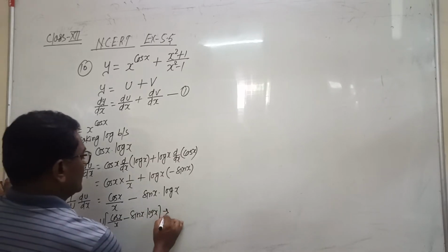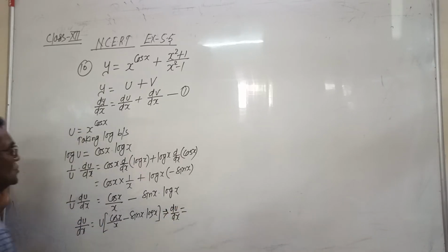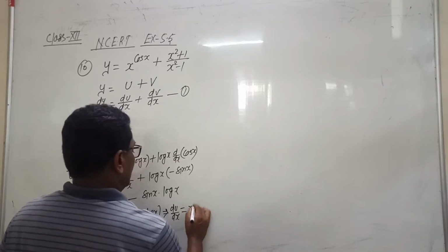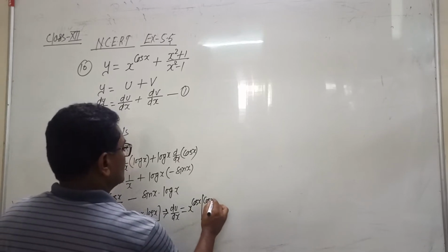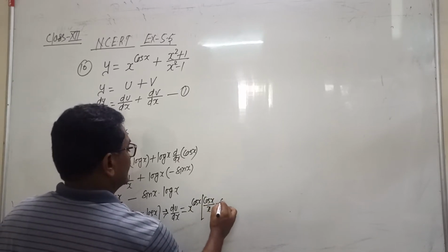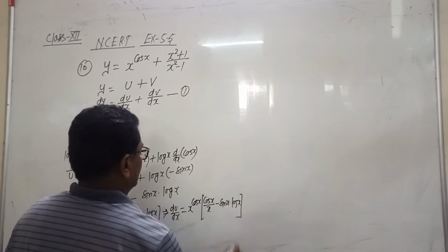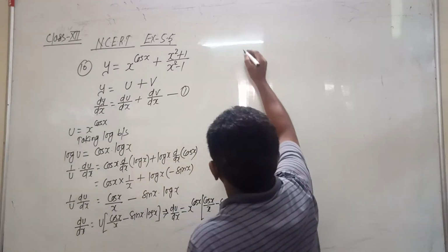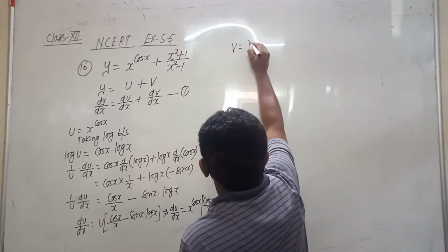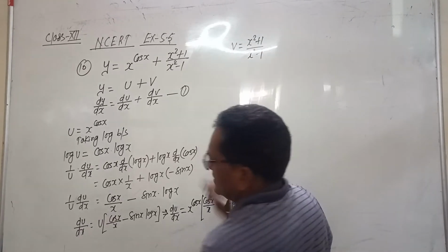So put the value of u, and the value of u is x raised to the power cos x, times cos x by x minus sin x into log of x. This is du by dx, and the next term v is x square plus 1 upon x square minus 1.